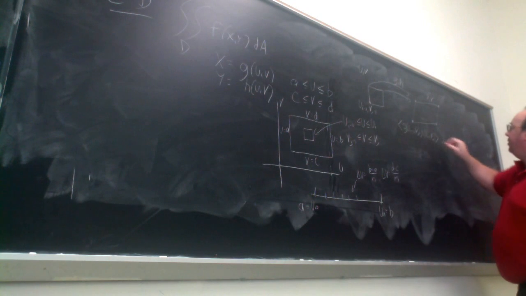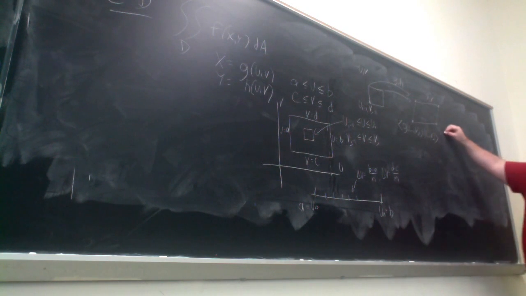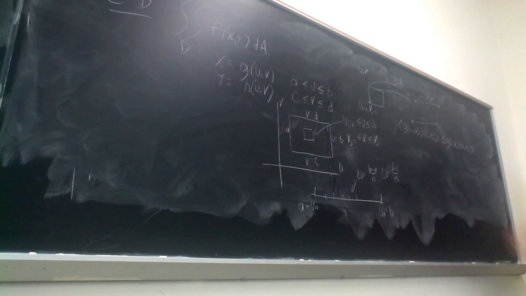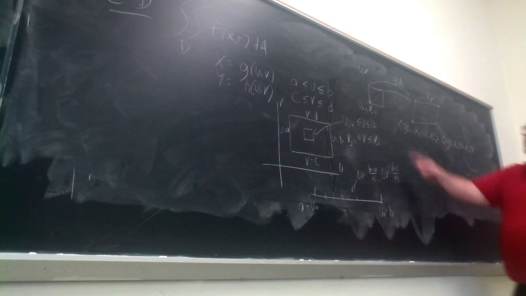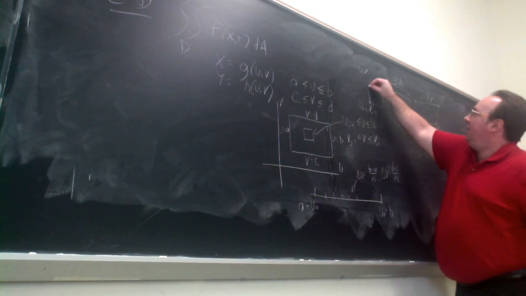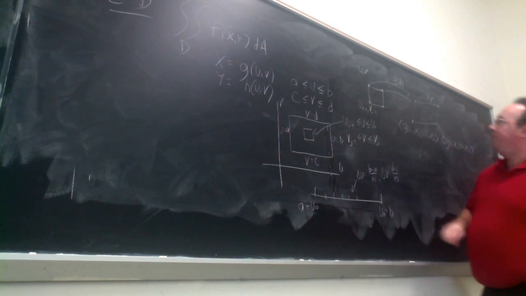We'll think of this as a position vector for this point. And then this point, similar, it's just we have u_i, v_j. And then the other two vertices of this parallelogram we get in a similar manner by plugging appropriate u and v values from these 4 vertices of the rectangle in uv space.